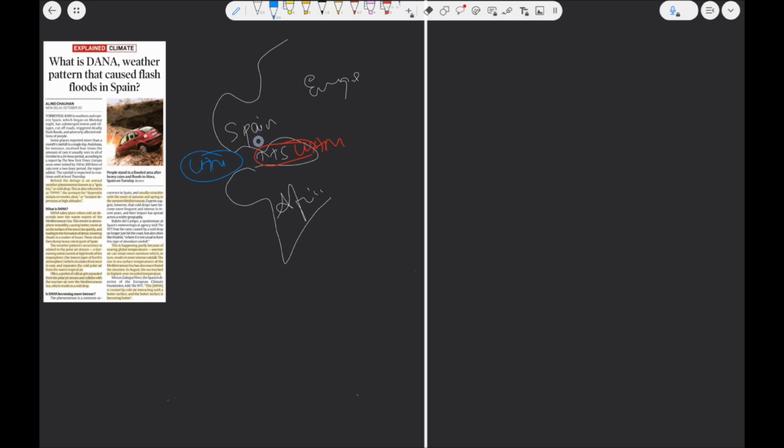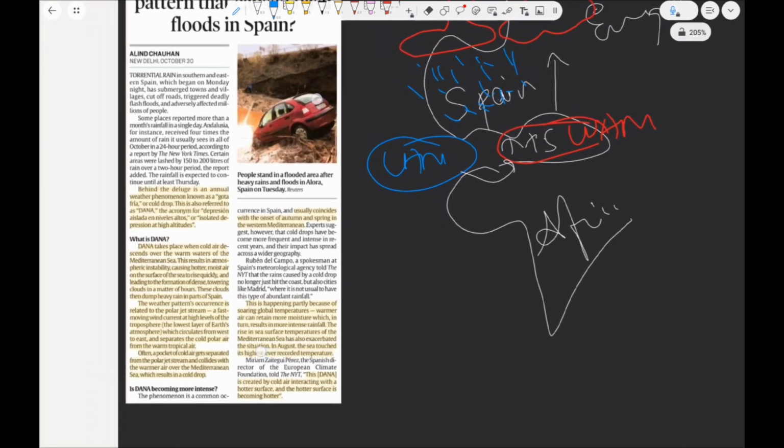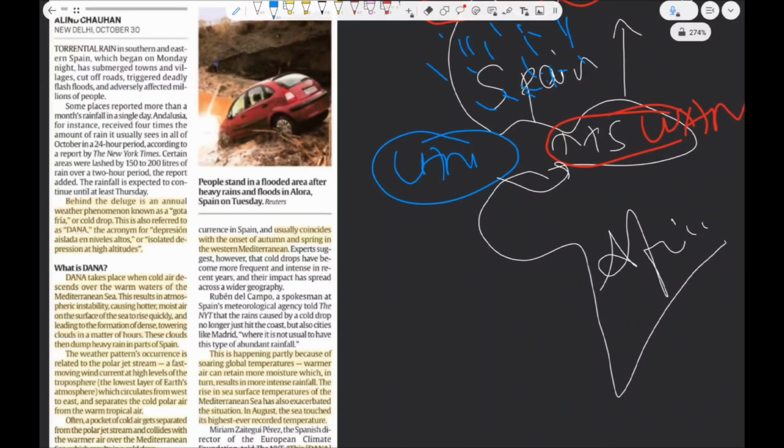As soon as the cold air mass pushes it upwards, the warm air mass will move in the upward direction, above the surface, and then it will form a cumulonimbus cloud. And this cumulonimbus cloud will give you heavy rainfall in the Spain region. This is the reason why Spain is currently experiencing such bad rainfall conditions.